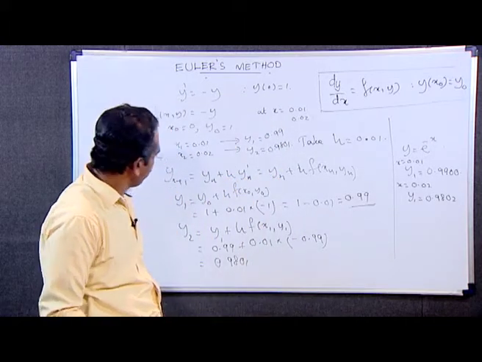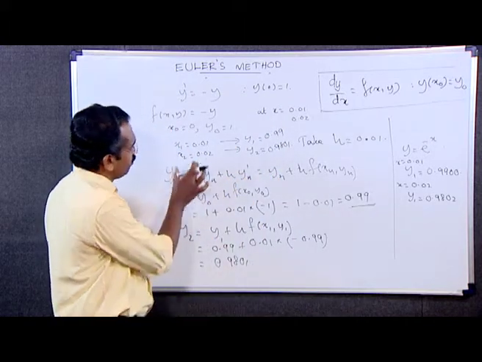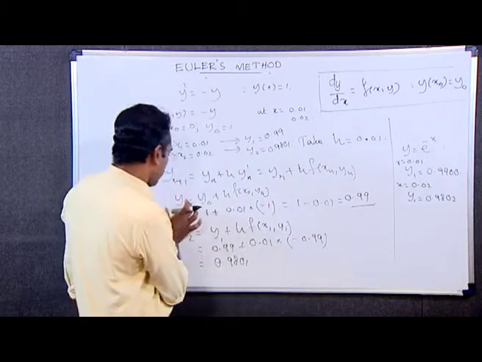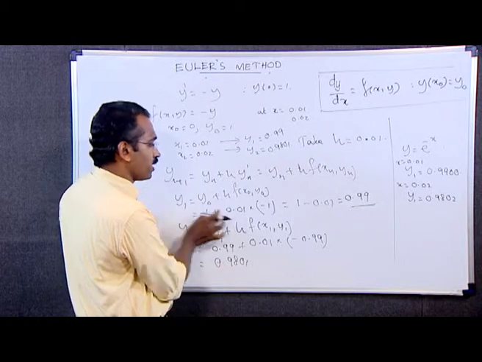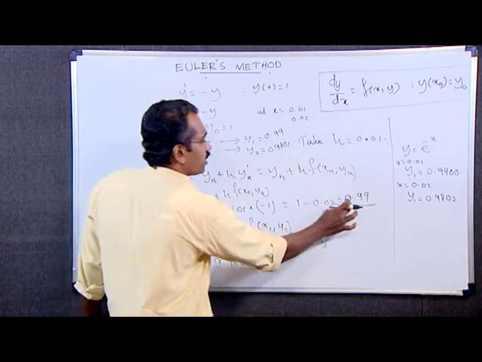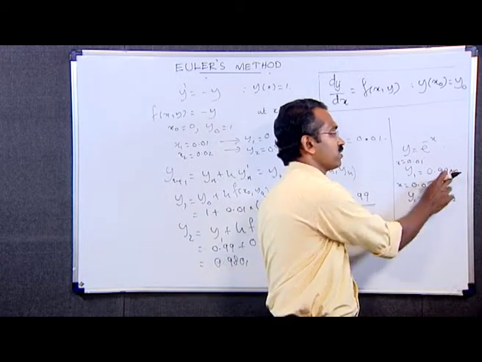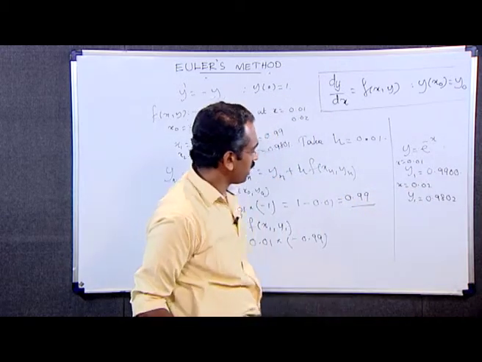Therefore, in this case, for x1 is equal to 0.01, the value obtained by Euler's method is 0.99, and from the actual solution it is obtained as the same value 0.99.